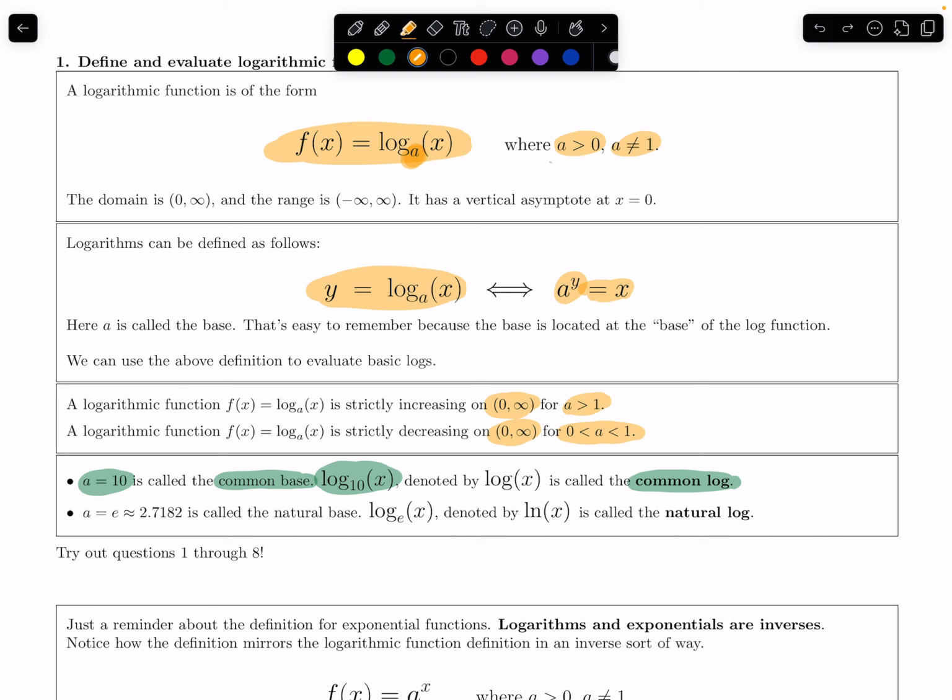Okay, there's another very popular logarithm, and this goes along with that very important exponential that we learned last time, which is when the base is e. If a is equal to e, remember you saw e was a number, approximately 2.7182, and that goes on forever. This is called the natural base. That would make it log base e of x, right?